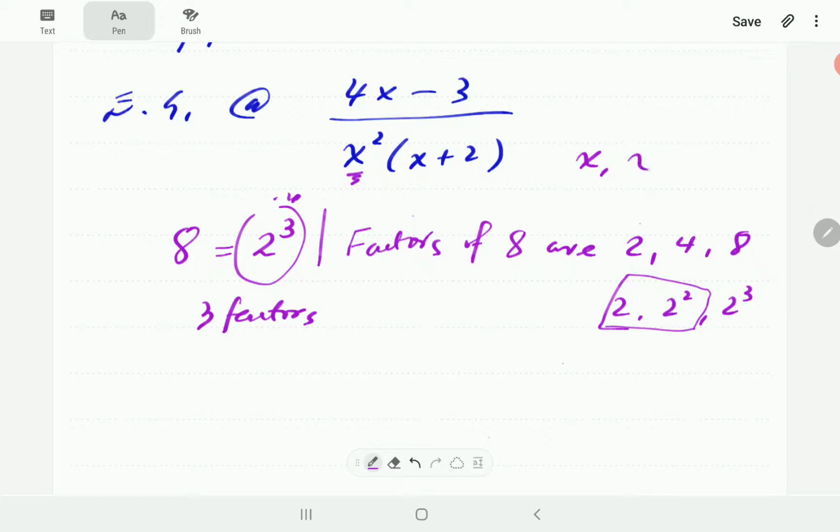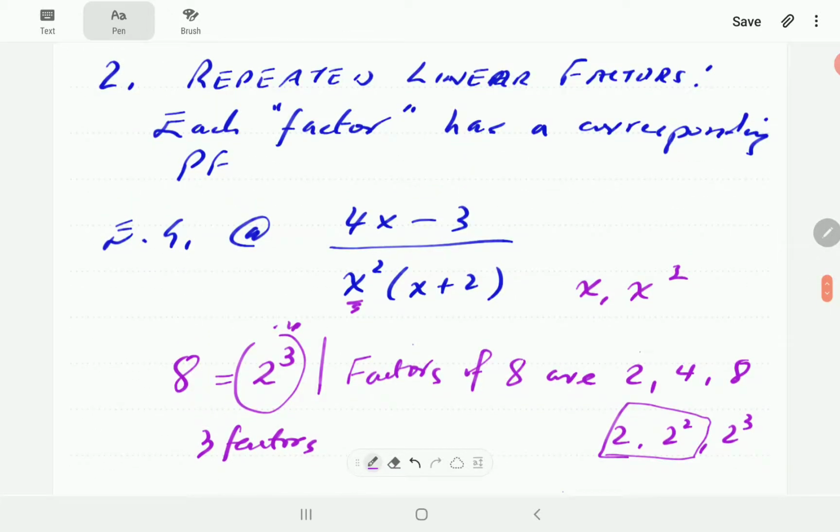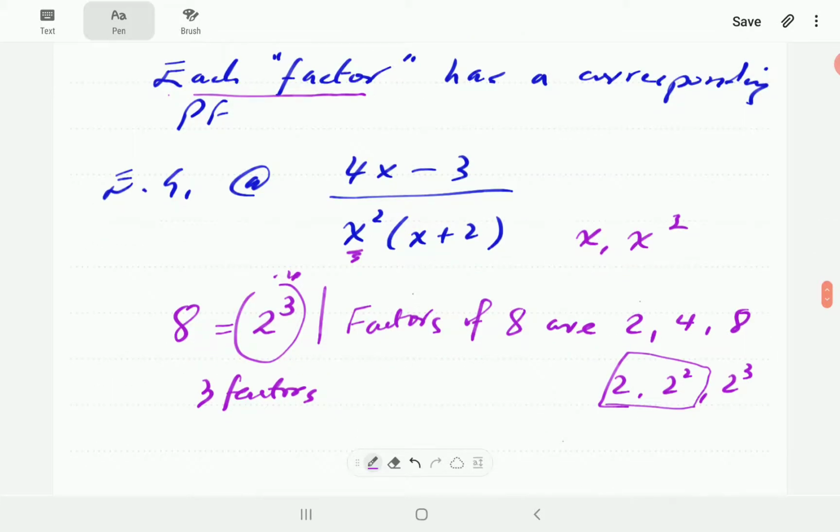One of them is x and the other one is x squared. That's what we mean by saying to each factor we're going to have a corresponding partial fraction. So there's going to be a partial fraction corresponding to x, and another corresponding to x squared.